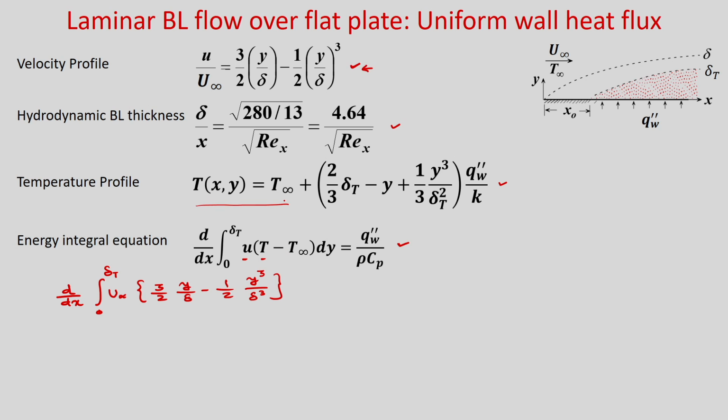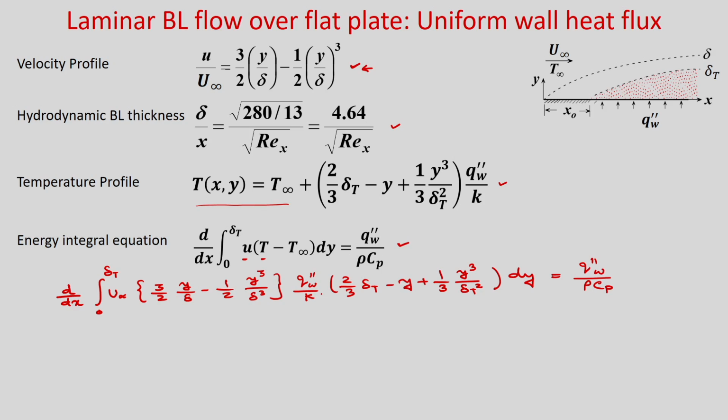So, from here you can write T minus T infinity as q double prime w by k times (2/3 delta_t minus y plus 1/3 y cubed by delta_t squared), into dy, is equal to q double prime w by rho Cp.